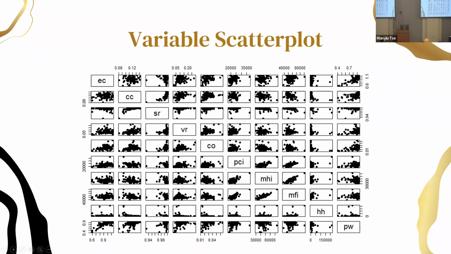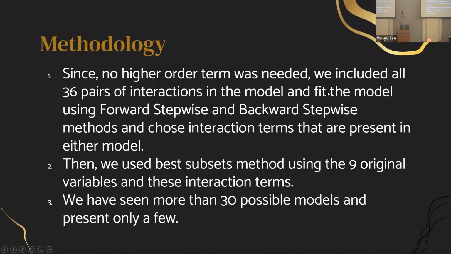But then you look at EC and CC, which is cohesive clustering, and that's a lot more random. There's not really a linear trend there. It's decently clear that that's the case, but we still want to model it because we don't know that just from looking at it.